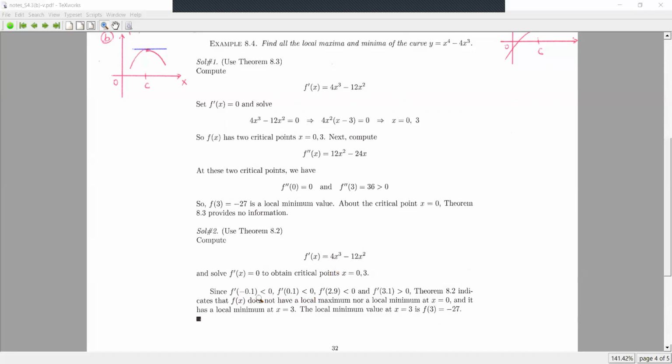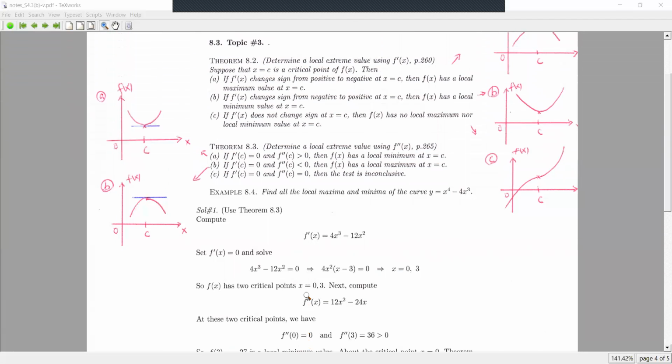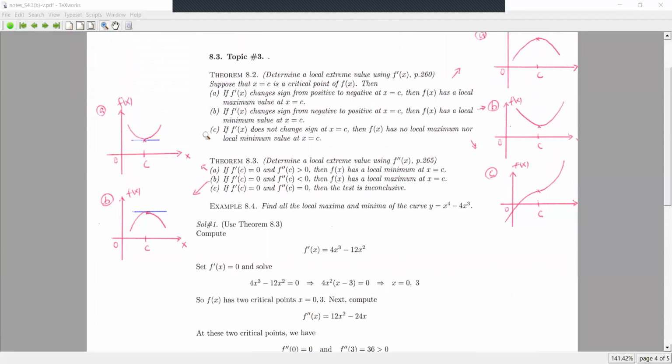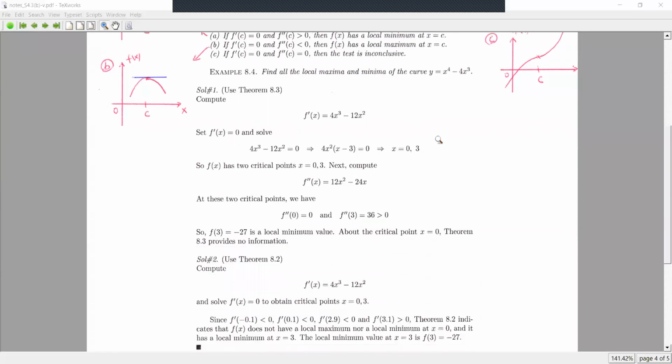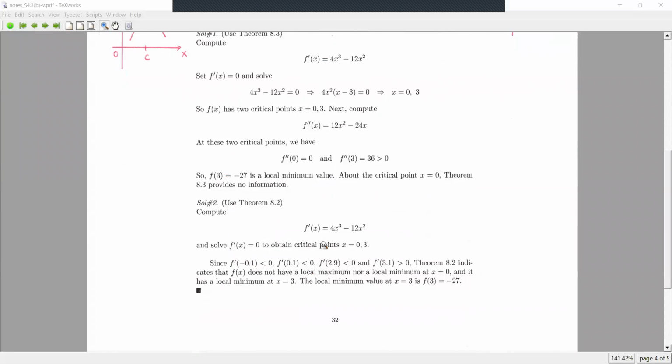On the left, negative. On the right, negative. So it is the case C here. So the function f has no local maximum, no local minimum at this critical point. So at 0, the function has no maximum, no minimum.